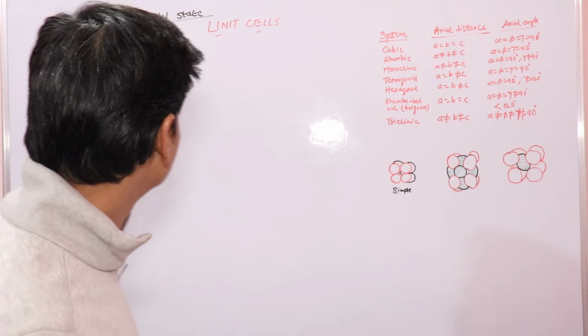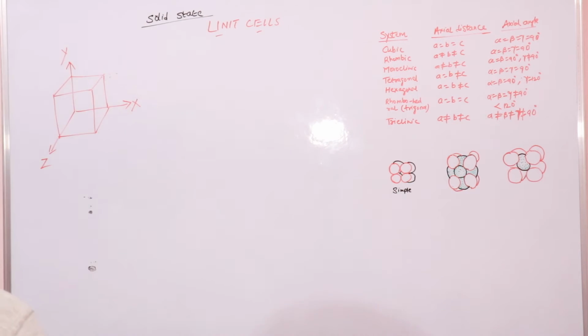We also talked about what we call unit cell parameters. Unit cell parameters are nothing but what characterize the unit cell. The parameters will decide the shape and size of this unit cell.